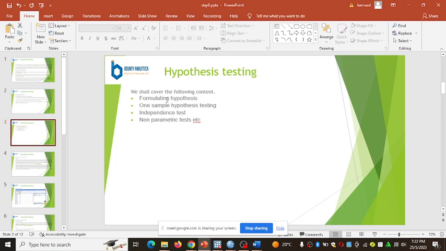So the fifth step in formulating the hypothesis is to define the variables and the operational definitions. This is where you clearly define the variables involved in your hypothesis and specify how you will measure or manipulate them.